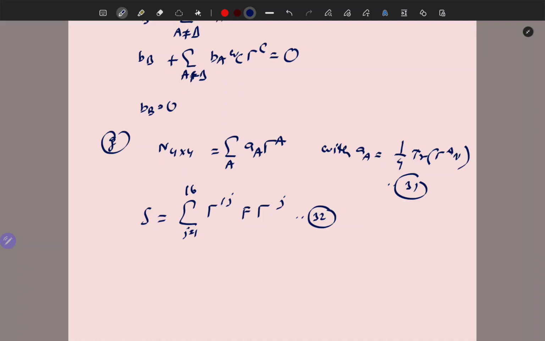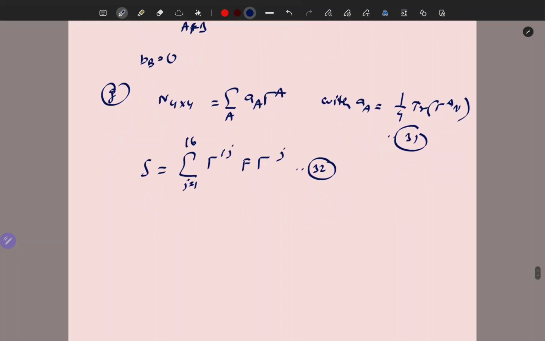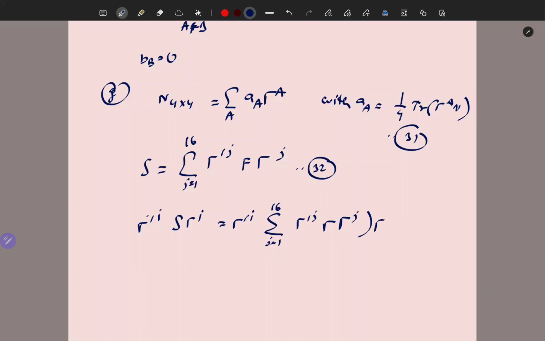The above encompasses these features, and for a particular I, we left multiply equation number 32 by gamma prime I and right multiply by gamma I, and we get gamma prime I S gamma I equal to gamma prime I summation over J from 1 to 16 of gamma prime J F gamma J gamma I, equal to summation over J from 1 to 16 of gamma prime I gamma prime J F gamma J gamma I. This is equation number 33.